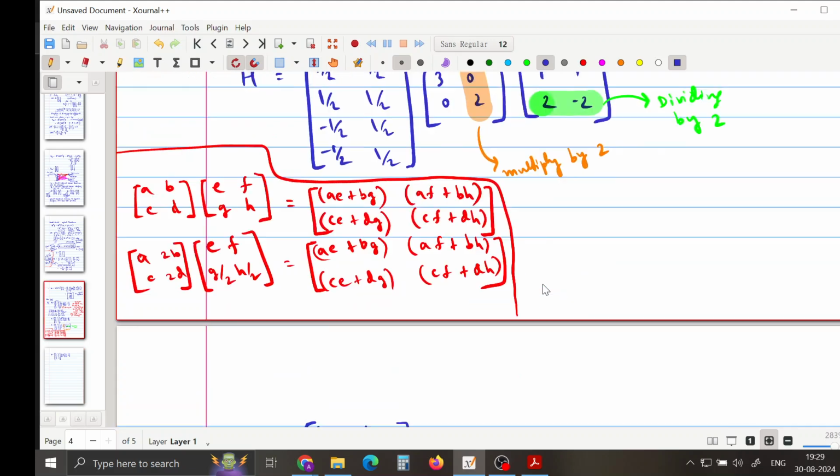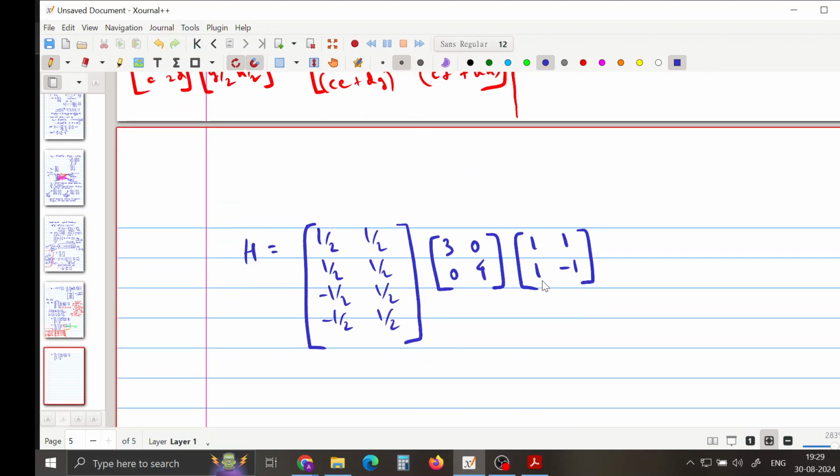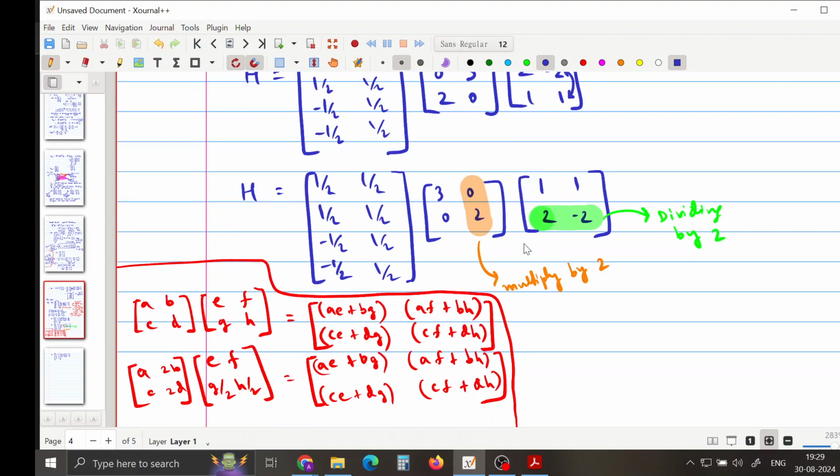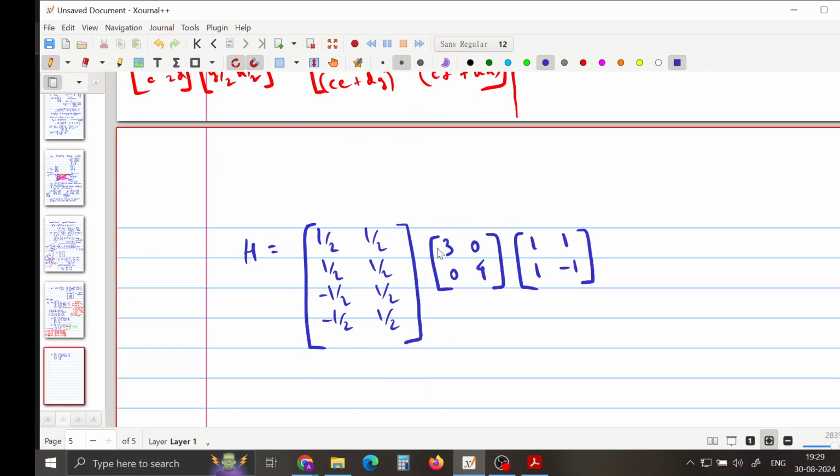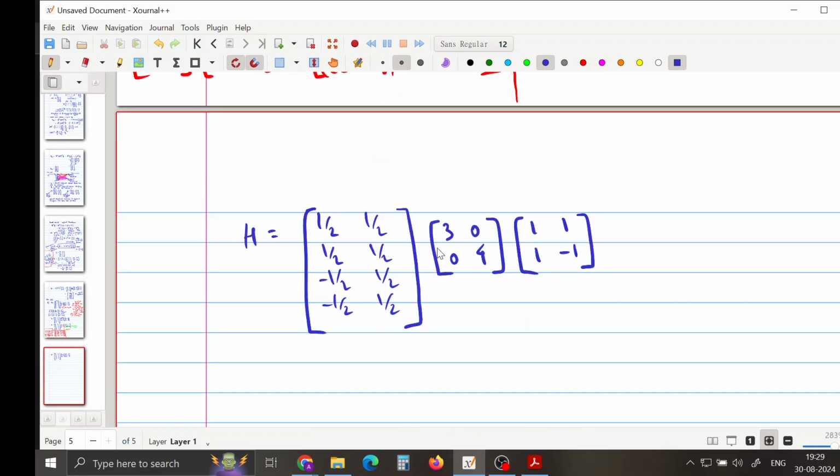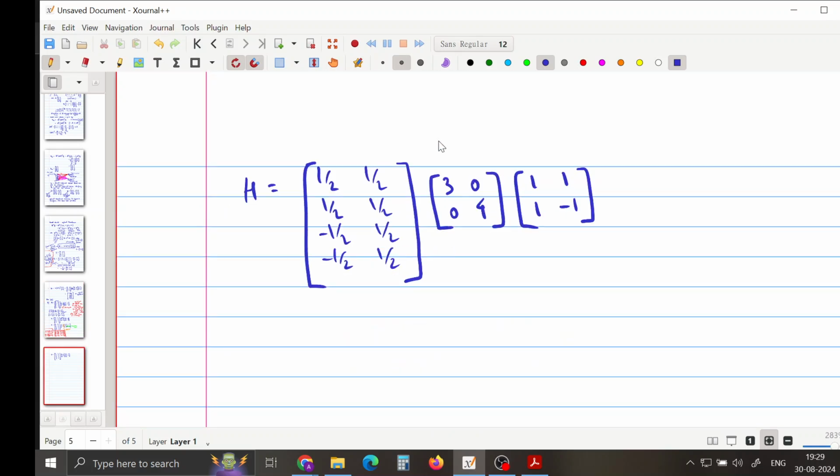But this creates a trouble for us, because initially the middle matrix was in decreasing order, the diagonal elements were in decreasing order, but by doing this sequence of steps, once again the diagonal elements are in ascending order, but we don't want that.